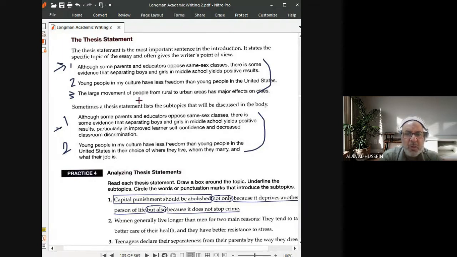The large movement of people from rural to urban areas has major effects on cities. Look, in sentence number 1, the writer introduces the opponent's idea about the topic. Although some parents and educators oppose same-sex classes, so there are two groups of people here.